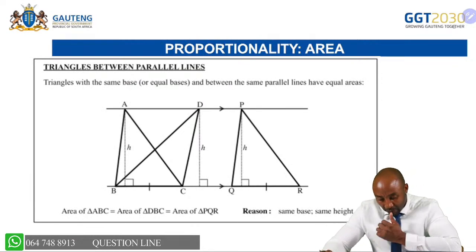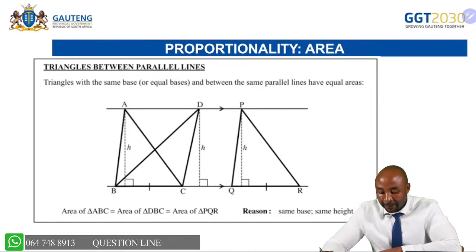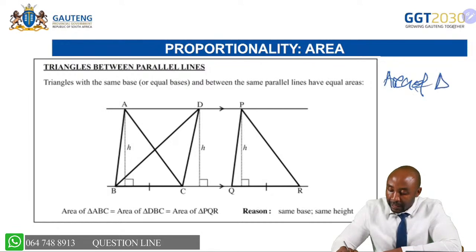Now, before we move on to the activity, we will require us also to know how area works. Whenever you are dealing with different triangles, there are different ways in which you can calculate the area of a triangle. The most basic formula is area of triangle is given by a half base times perpendicular height.